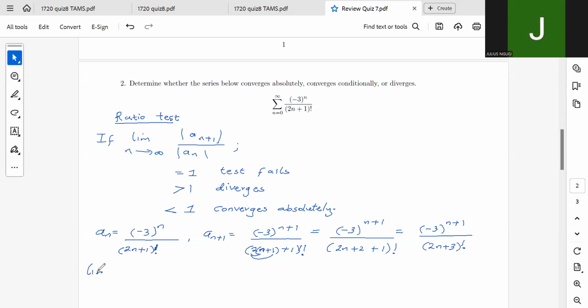So limit as n approaches infinity of an plus 1. So with absolute terms, the minus will be disappearing. So we'll be having 3 to the power of n times 3 to the power of 1, that's n plus 1 as the power, divided by 2n plus 1 factorials.